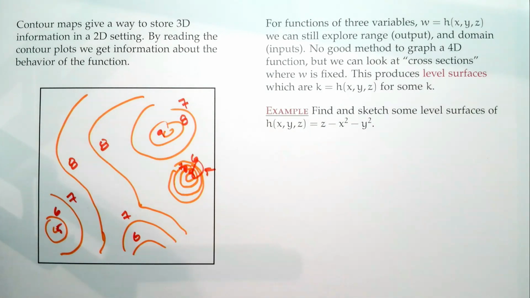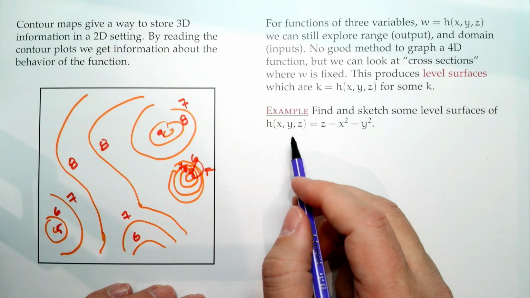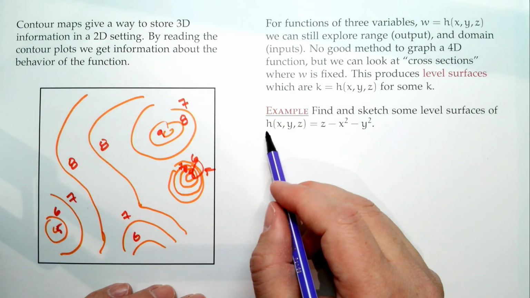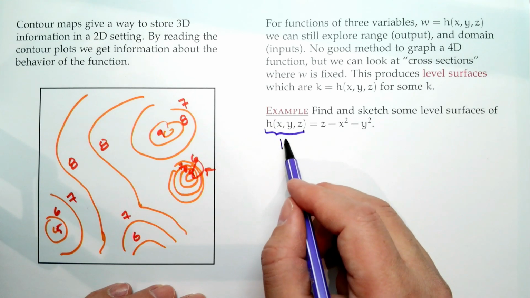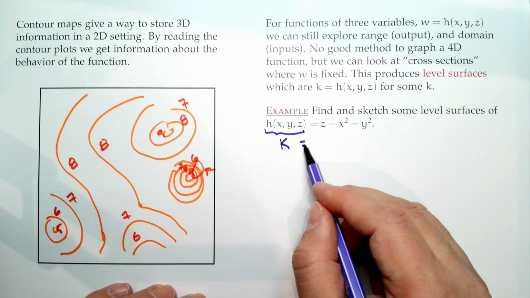So here is a function. h of x, y, z is z minus x squared minus y squared. What do my level surfaces look like? Because it says that we should find and sketch them. Well, if I want a level surface, I'm going to fix the output, setting it equal to some number k.